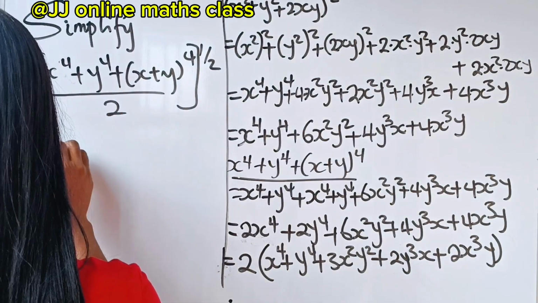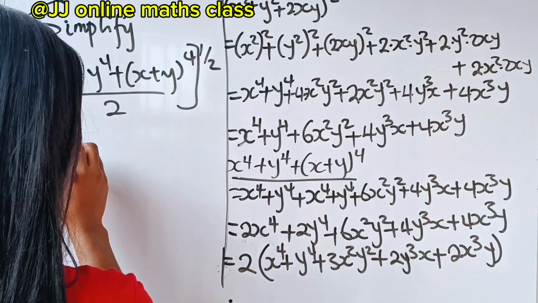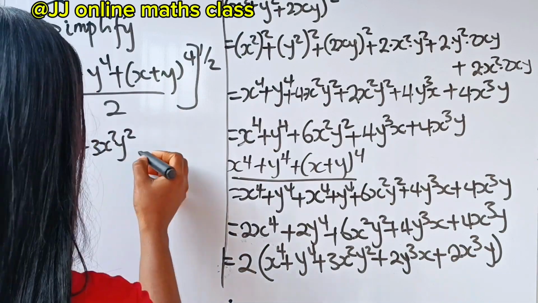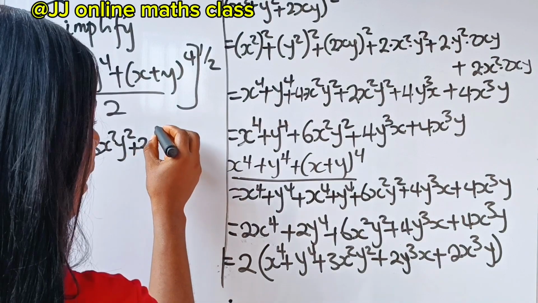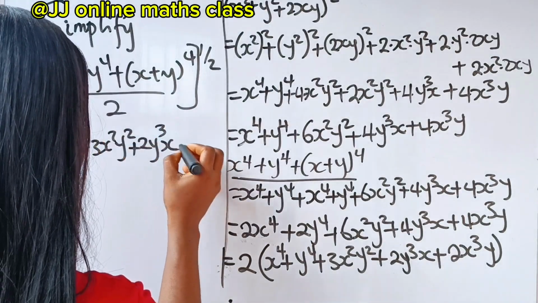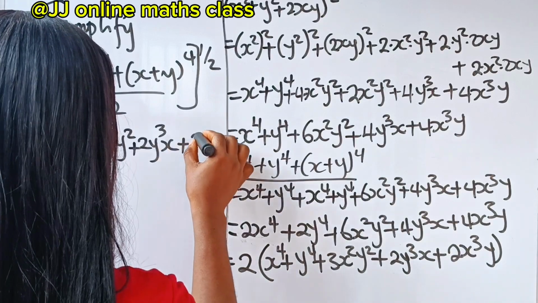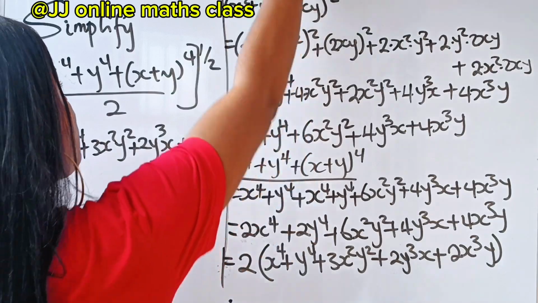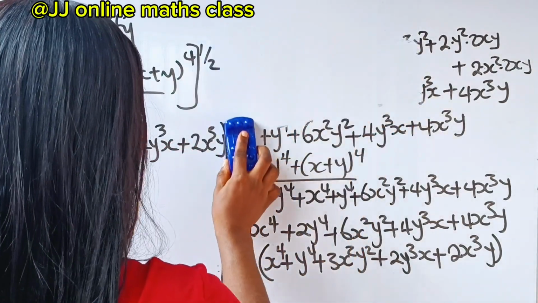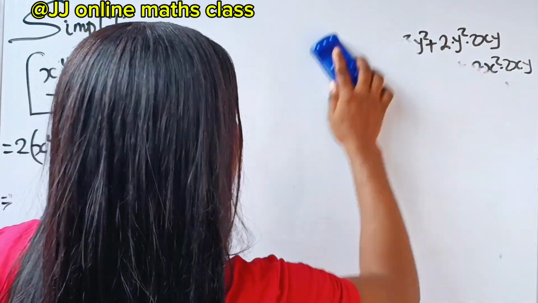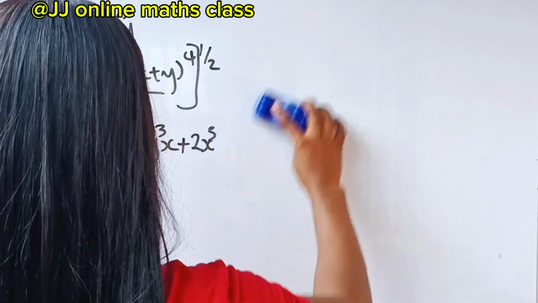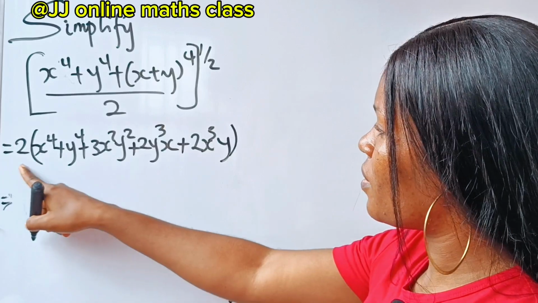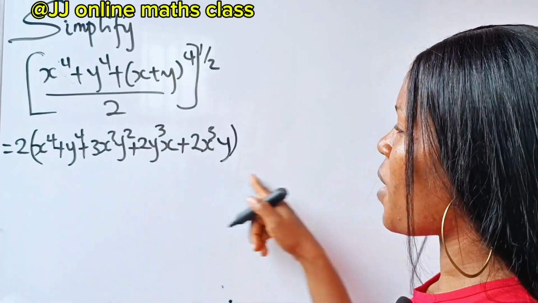2 brackets x to the power of 4 plus y to the power of 4 plus 3x squared y squared plus 2y to the power of 3x plus 2x to the power of 3y. This particular expression is what we are working with.